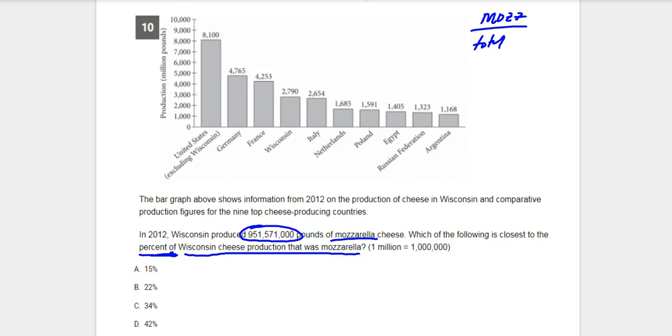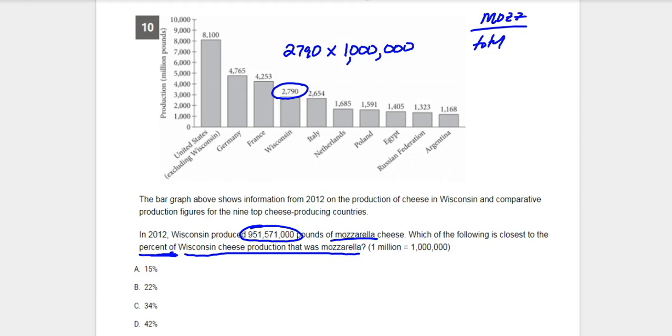So we look on the chart here, and it looks like Wisconsin produces 2790. But remember, that's in millions. So I need to add a 1 with 6 zeros there. Basically, you can take that number and just add 6 zeros to it instead of messing around with your calculator.